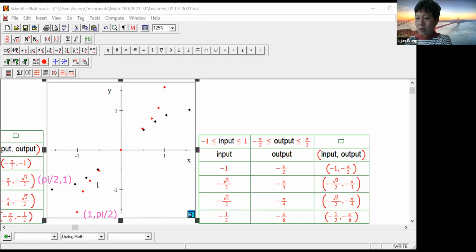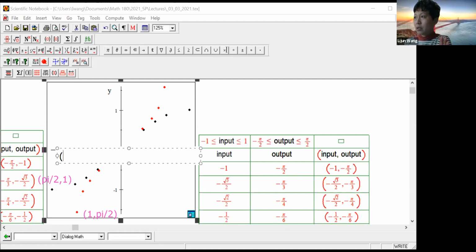Okay. And now marking another point. Okay, this is a black one. Oh, I'm sorry, I made a mistake.